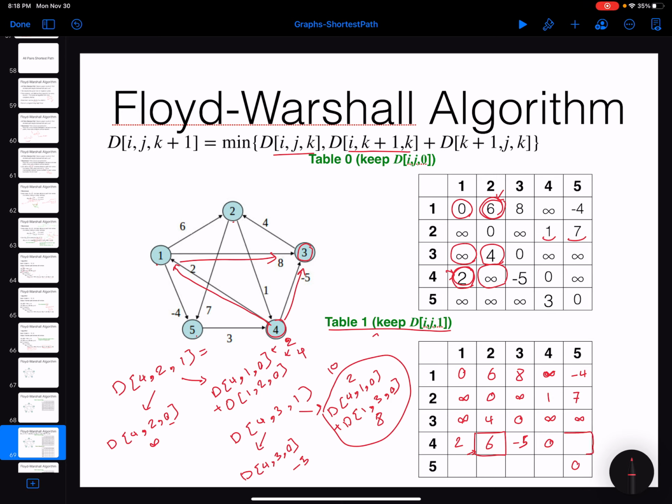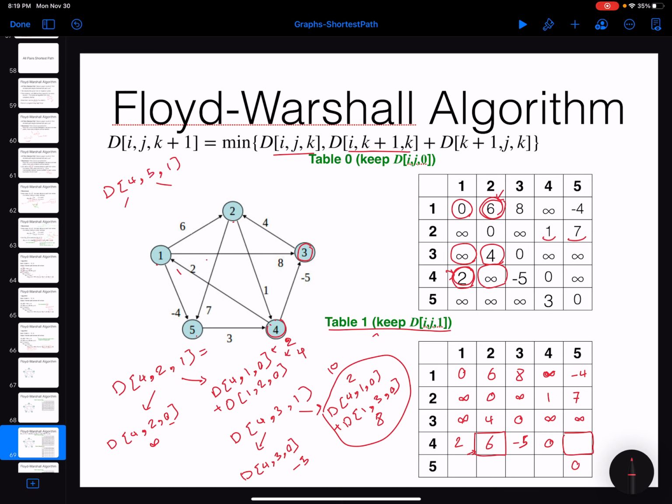How about this one? The cost of going from 4, this one is also actually nice. I am going to find the cost of reaching from 4 to 5 using 1.